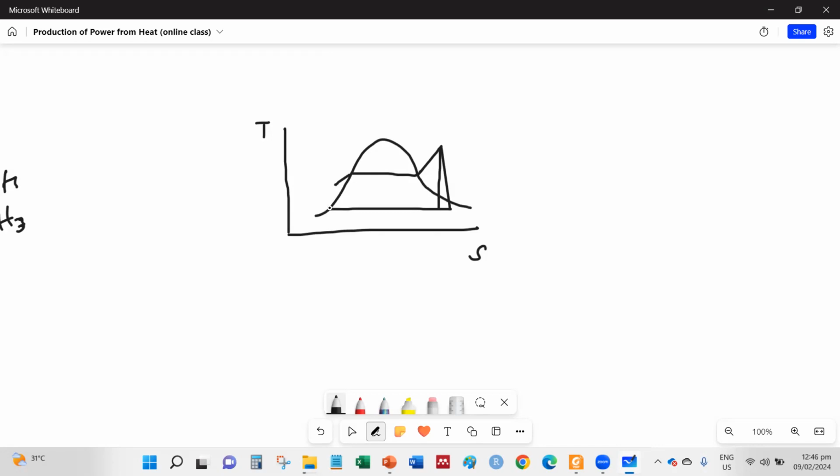Point 4. By the way, the pump here is exaggerated, the lines for the pump. Usually it's just very small. So this is point 1.